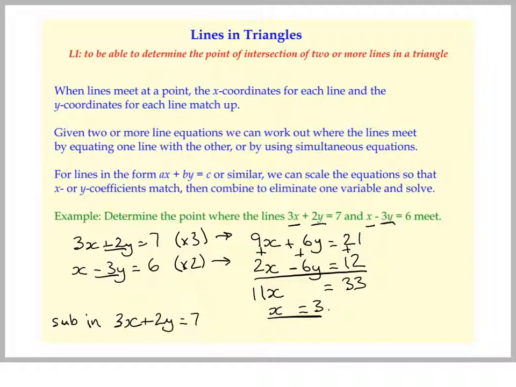That means I've got 9 plus something, which I'm calling 2y, equals 7. That means that 2y must equal minus 2, so y equals minus 1. Nicely done. Okay, so the point is going to be (3, minus 1).